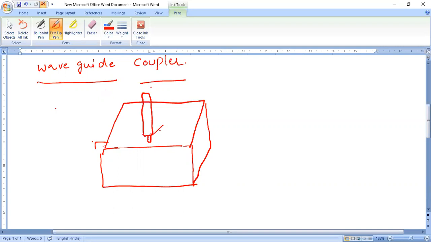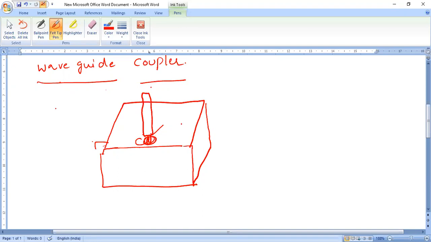It has a coaxial cable. The inner conductor of the coaxial cable penetrates a small distance into the center of the waveguide.